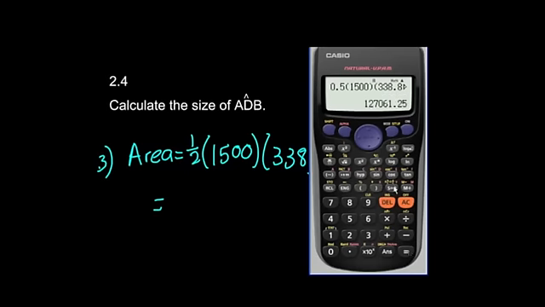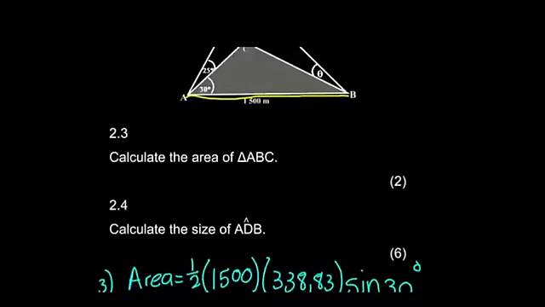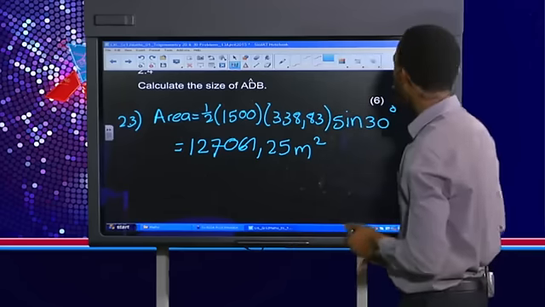Okay, and that is our answer. So it's 127,061.25. And remember, because it's area, it's going to be meters squared. So that is the size of the horizontal plane, which happens to be a triangle.